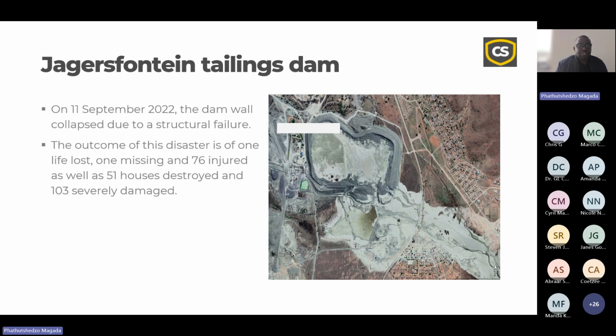The outcome of this disaster was one life lost, one missing, 76 injured, as well as 51 houses destroyed, and 103 people severely injured. As we know, Jagersfontein is a historic diamond mine located in the province of Free State, known in the 1870s as a diamond rush town.